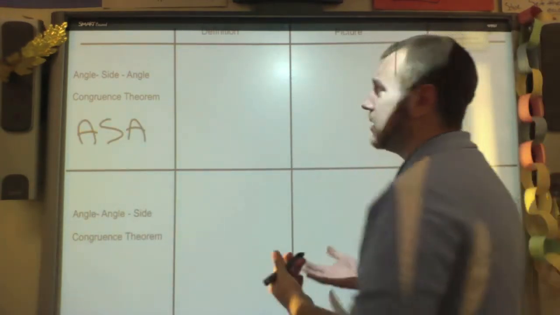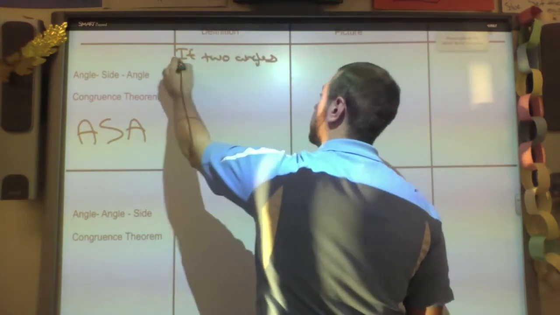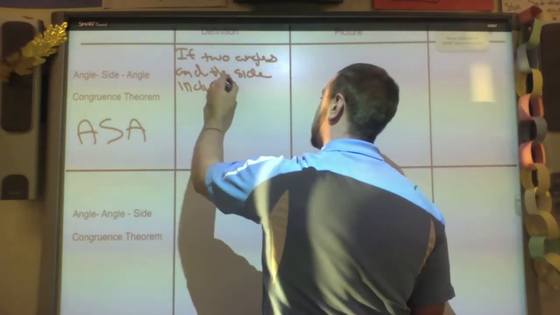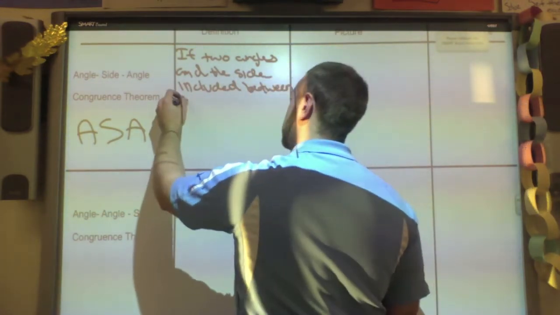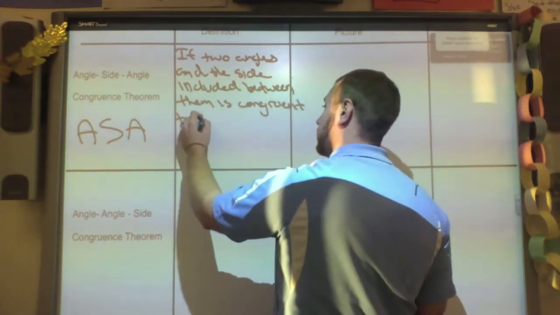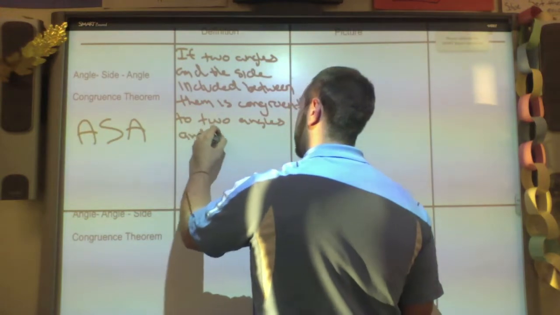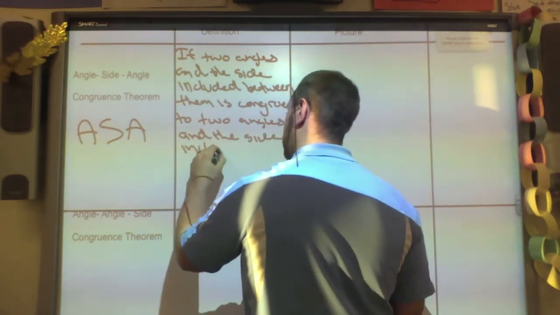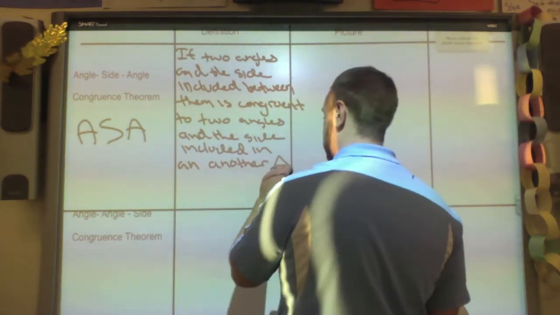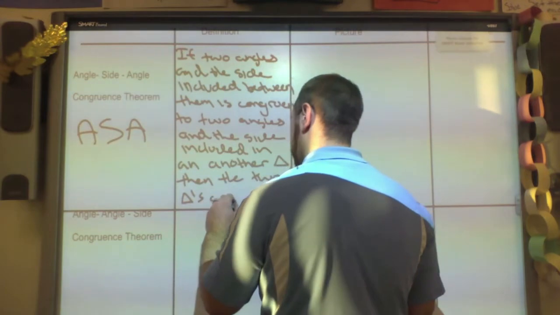The definition of this is: if two angles and the side included between them is congruent to two angles and the side included in another triangle, then the two triangles are congruent.